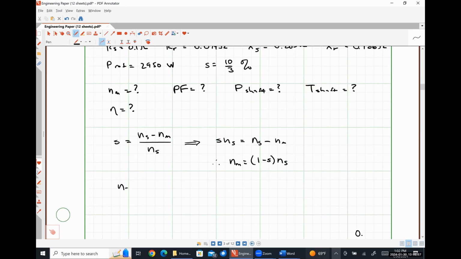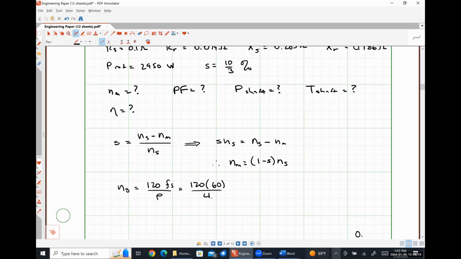So Ns is 120 Fs over the number of poles. Excuse me, not pi, thank you. 120 times 60 over 4. So 120 times 15, I believe, is 1800 RPM.